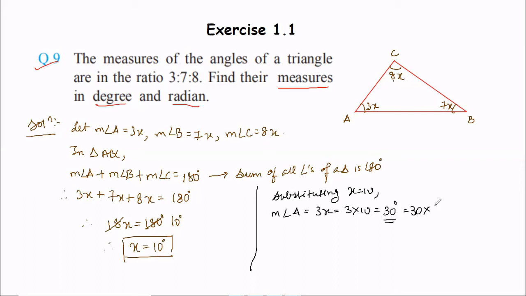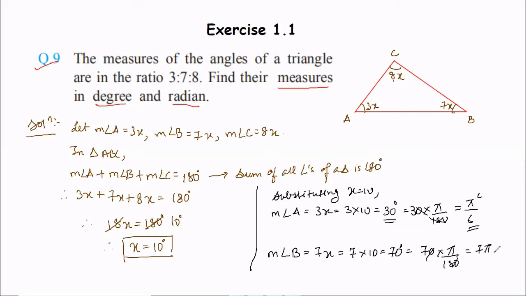So 30 into pi by 180, cancel it out, you will get pi by 6 radian. So that's the answer in terms of both radian and degrees. Similarly, measure angle B is equal to 7x, which is 7 into 10, which is equal to 70 degrees, which is equal to 70 into pi by 180. 0 and 0 cancel. Answer is 7 pi by 18 radian.